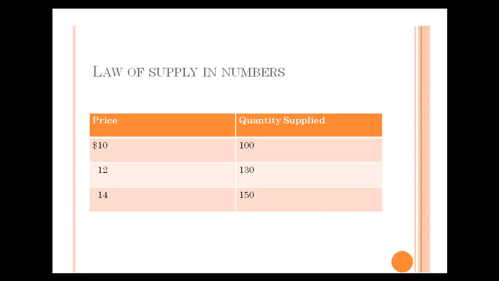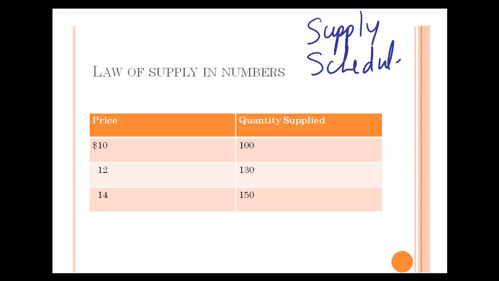Now we can take this law of supply and look at it in terms of numbers, and if we do, what we're doing is constructing a supply schedule. So this table that you see before you is a supply schedule. And the supply schedule represents the law of supply here, given our numbers. It says that if the price of a good is, let's say, $10, the quantity supplied is 100.